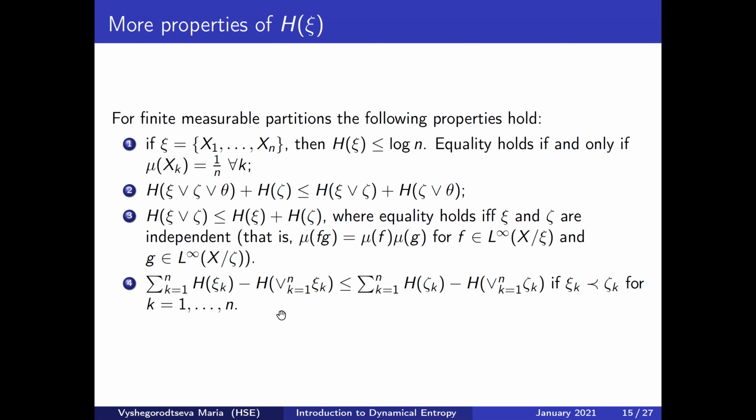I think I won't read it out loud, but I think it is quite clear. These four properties will probably be proved in about 10 minutes. And now I will proceed.